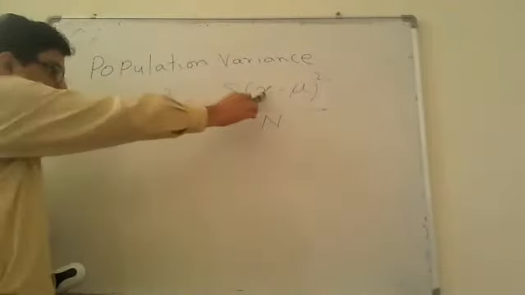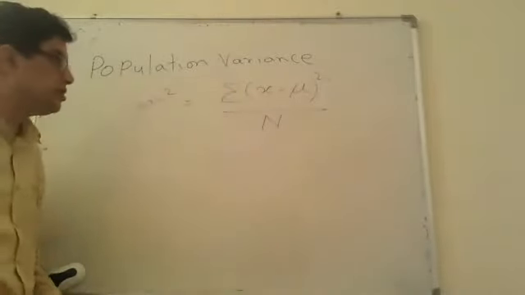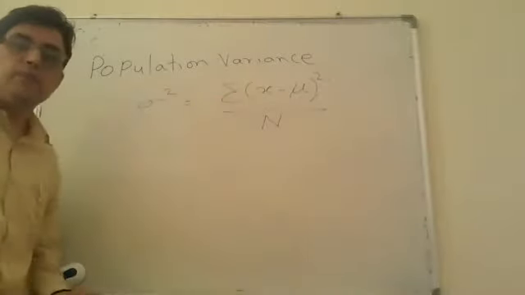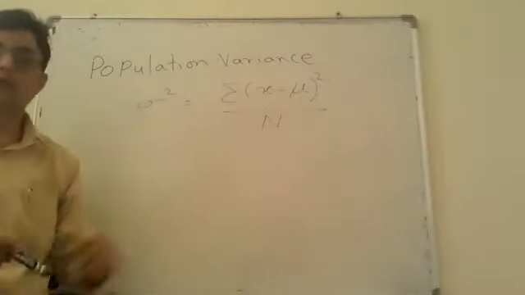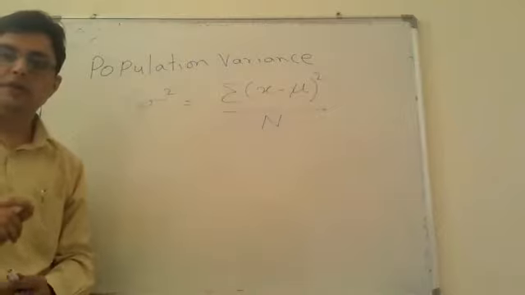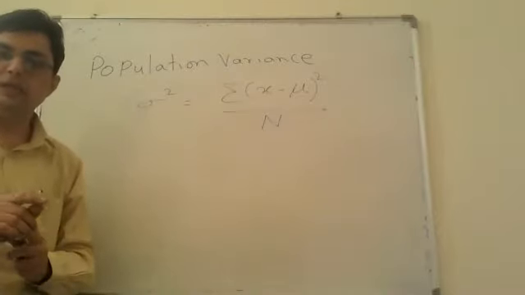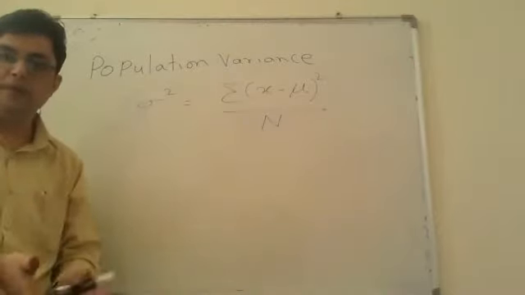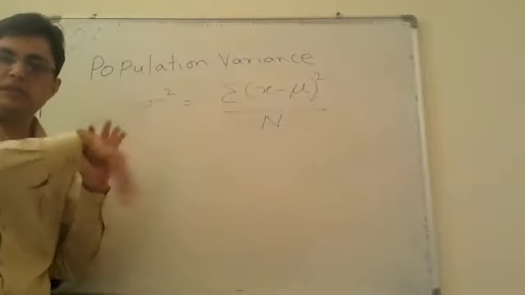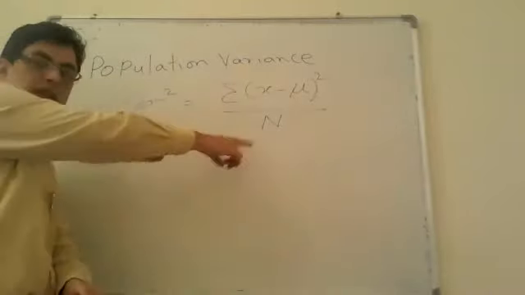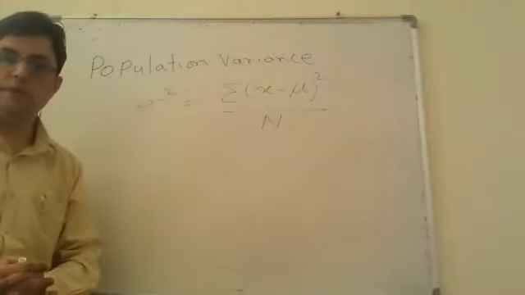Here x is the value of the observations, and mu is the population mean. This is called mu, the population mean. The simple mean and population mean can be found the same way, but the standard deviation and variance are found in a different way. And N is the number of observations in the population.